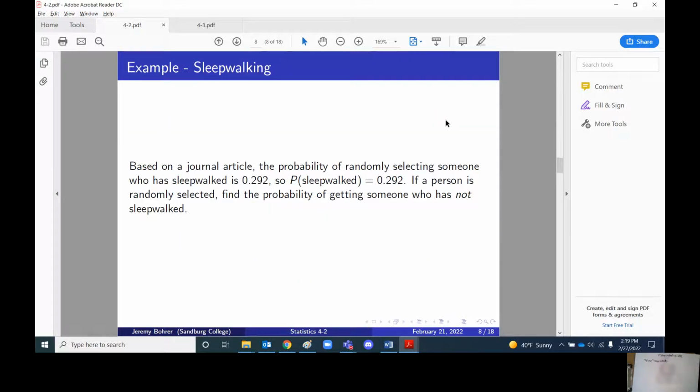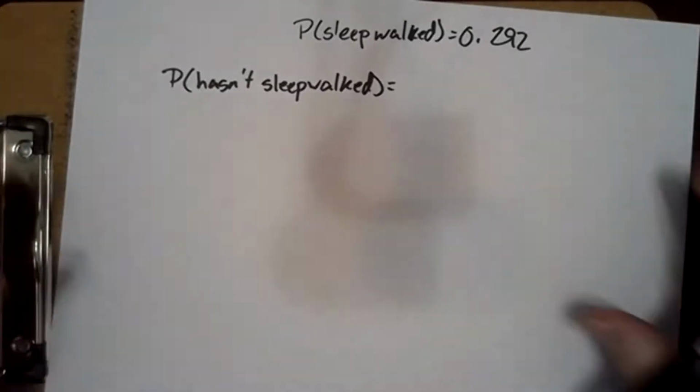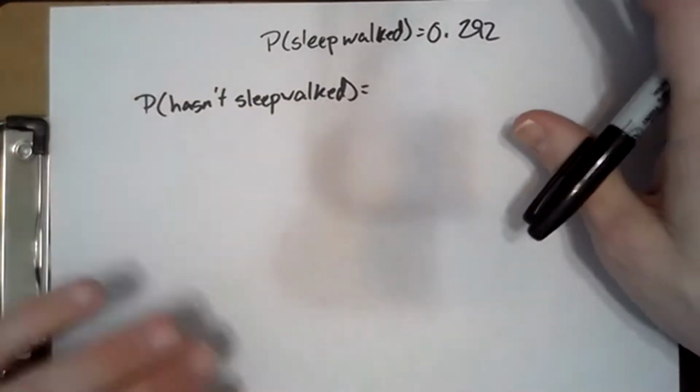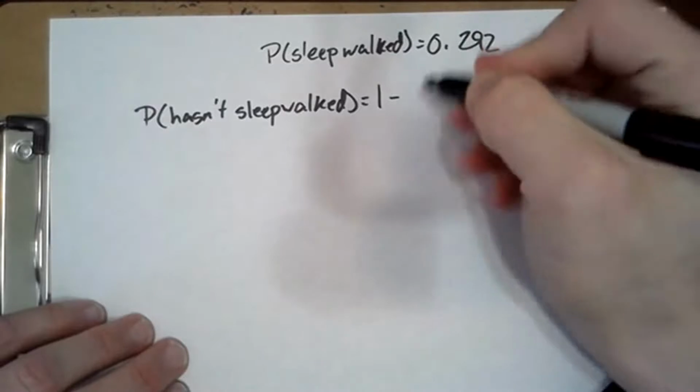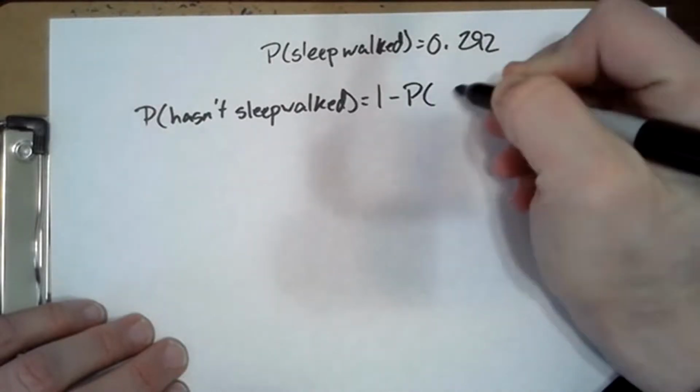Here we're told that based on a journal article, the probability of randomly selecting someone who has sleepwalked is 0.292. If a person is randomly selected, find the probability of getting someone who has not sleepwalked. Well, the probability that somebody has not sleepwalked is 1 minus the probability that they have sleepwalked.